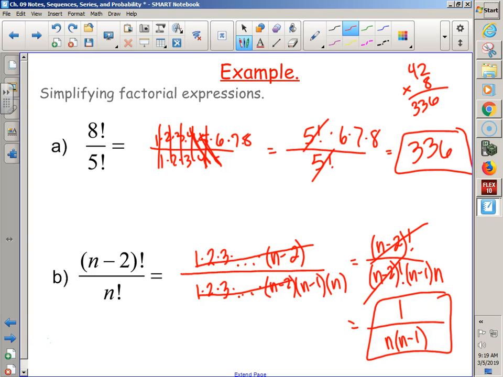So I started with the lower factorial, which has 1 through n minus 2, and n factorial has 1 through n. Then I said, what would come after that? You add 1 to n minus 2, like you always add 1 to get to the next one. 5 plus 1, 6 plus 1, 7 plus 1. N minus 2 plus 1 is n minus 1. N minus 1 plus 1 is n. Then I was able to reduce the common factors, and I was left with this. Does that make sense?